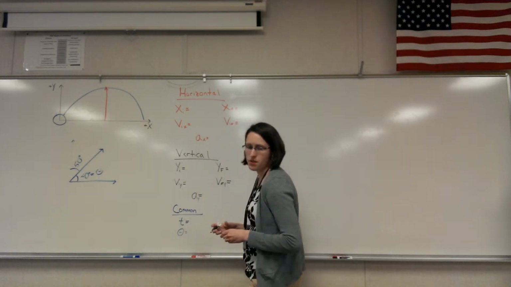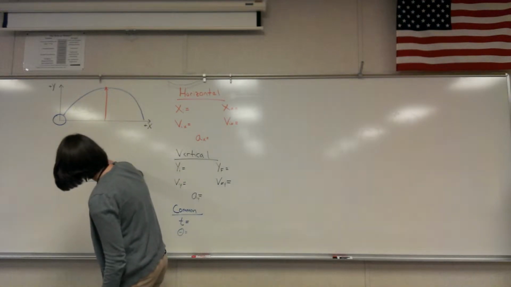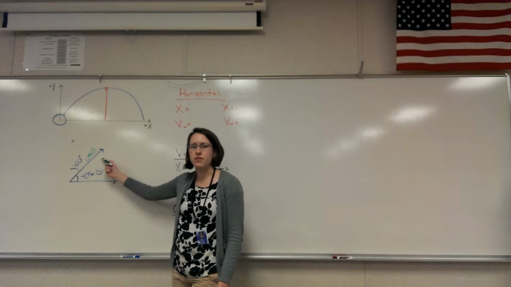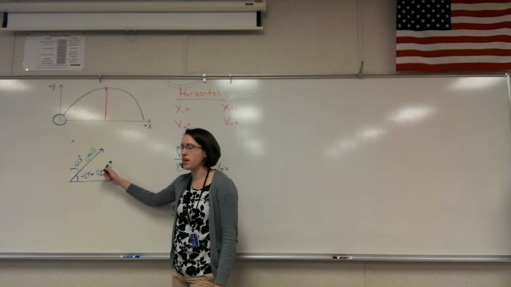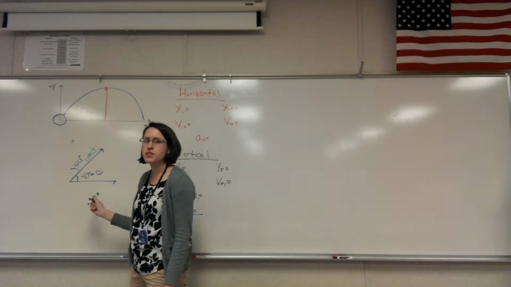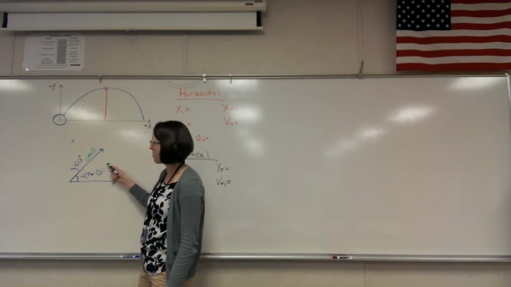Our initial velocity that we were given is 11 meters per second. That's going to be the hypotenuse of our triangle. So now we need to break this vector down into its horizontal component and its vertical component.